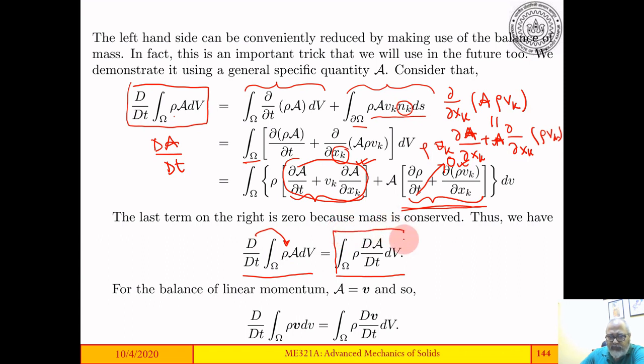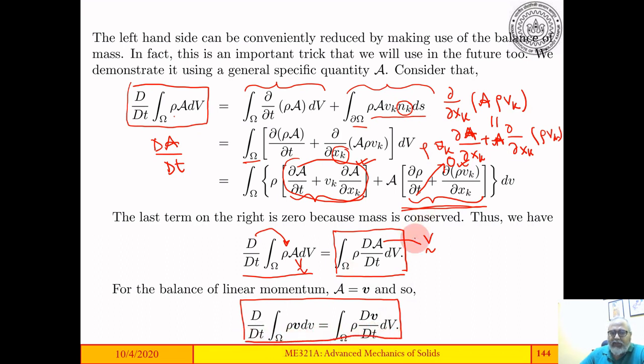In our case, for linear momentum, A is equal to V, so here also it's equal to V, and this is what we end up with.